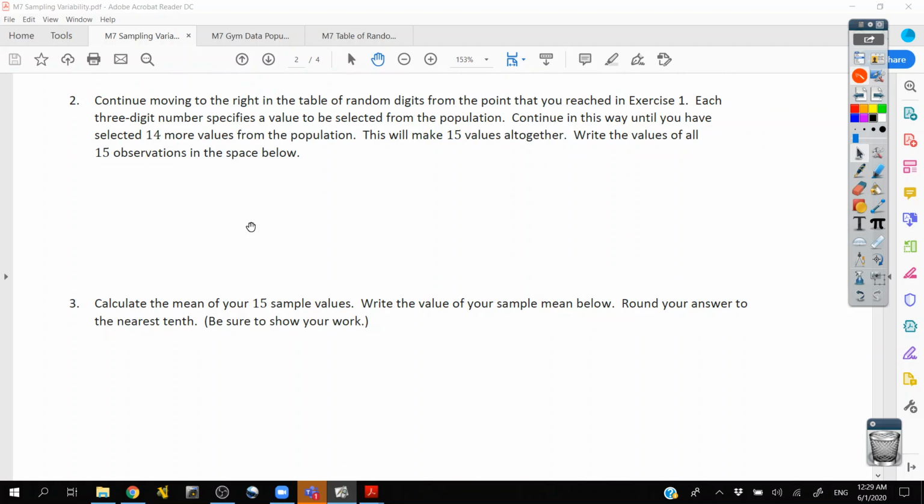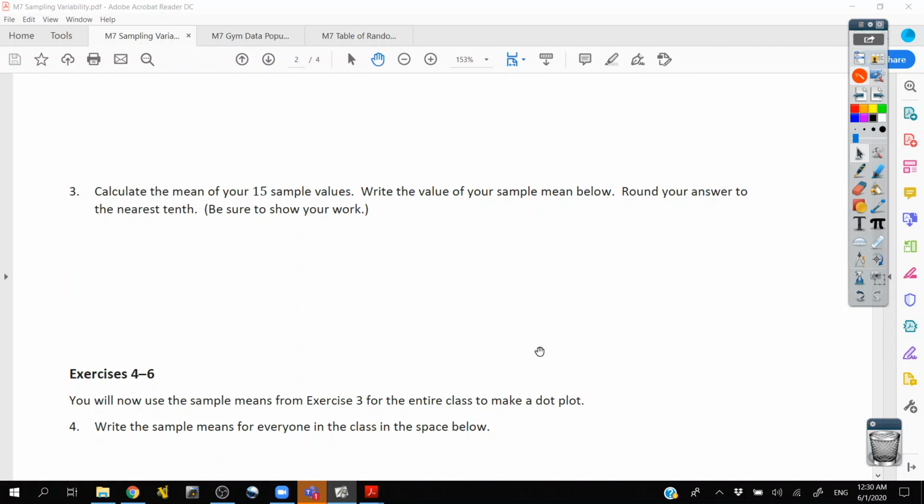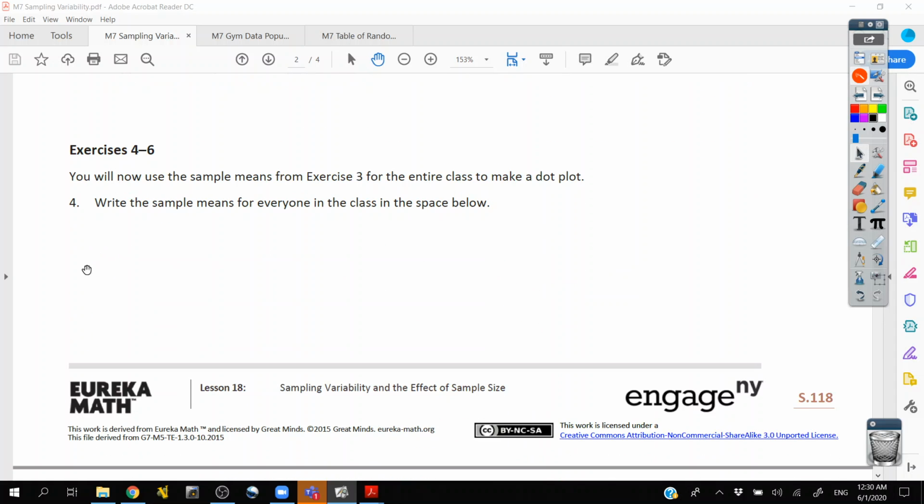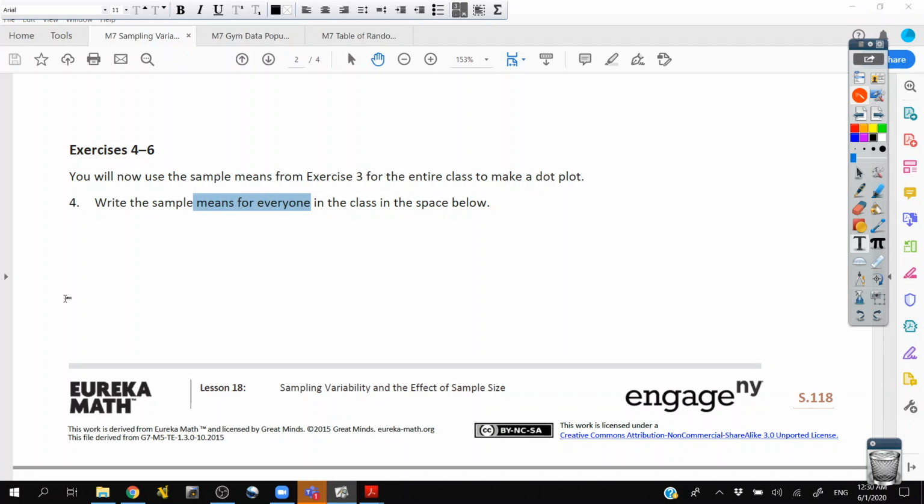Hey there, now that you're back, you have 15 random data values here. So great, calculate the mean. And now we need a way to share these things out. I'm just going to say you are able to get a hold of each other. It would be nice if we were able to have everyone's data all at the same time, but I know in distance learning that's difficult. So let's just say instead of sample means for everyone, I want you to get at least five data samples from others.